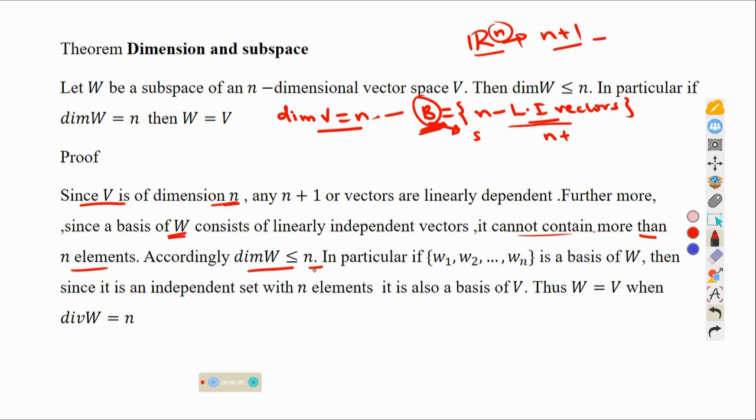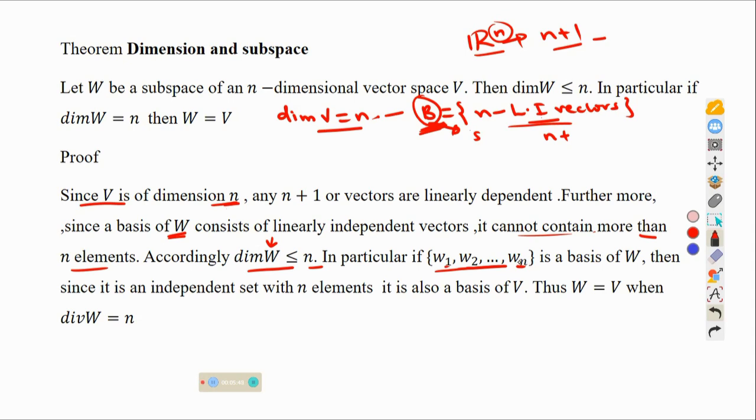And in particular, if you find that the elements in W are, for example, W1, W2 up to Wn, it means the elements in our basis are actually n in number. And if they are n, then they will be the n linearly independent vectors.